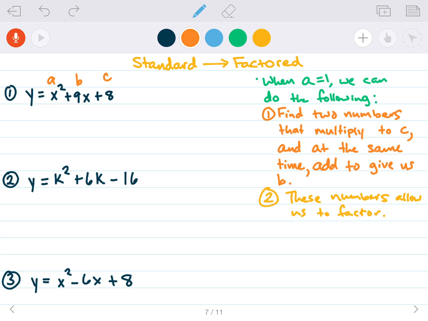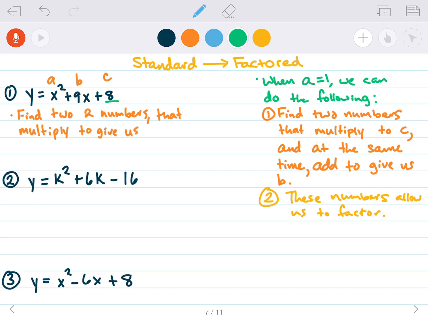We want to find two numbers that multiply to C. So what we're trying to do here, with this specific problem, is find two numbers that multiply to give us, what's C in this case?